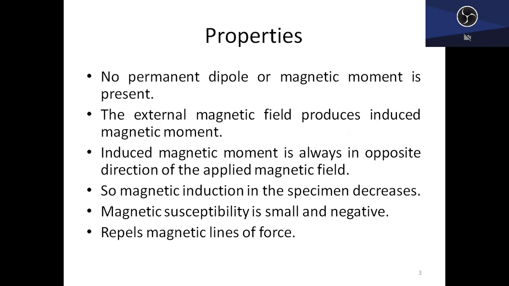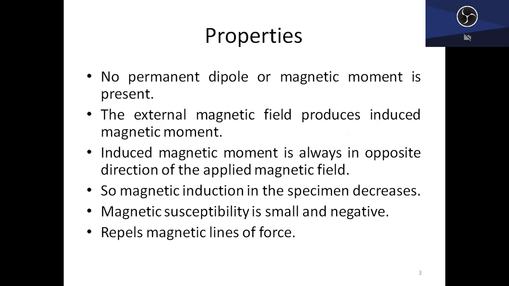When we say diamagnetic materials, there will be no permanent dipoles. Just now we had the information of what is actually the meaning of dipole. So here, permanency will not be there in the case of diamagnetic materials. No permanent dipoles or magnetic moments are present inside these materials.